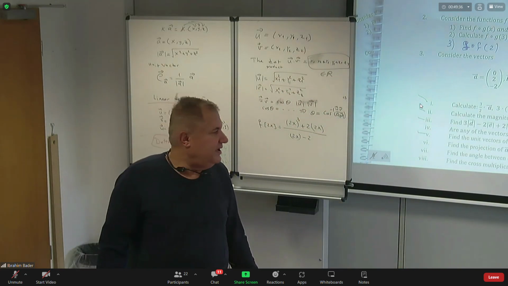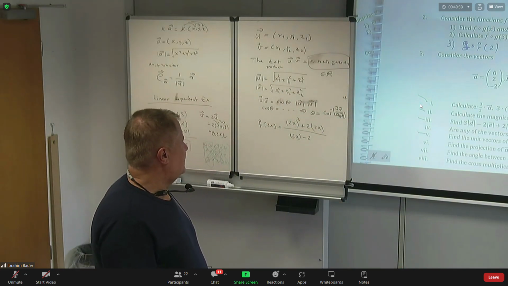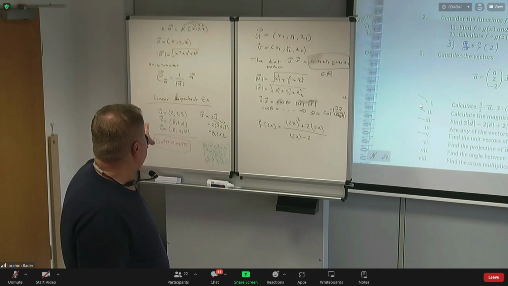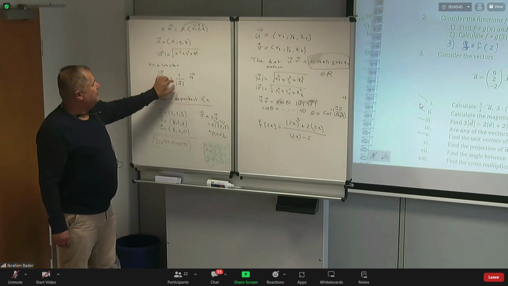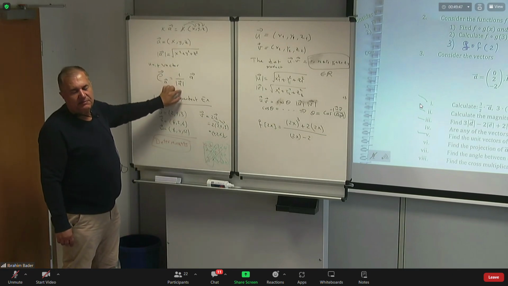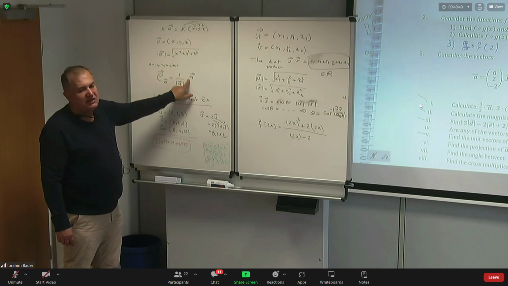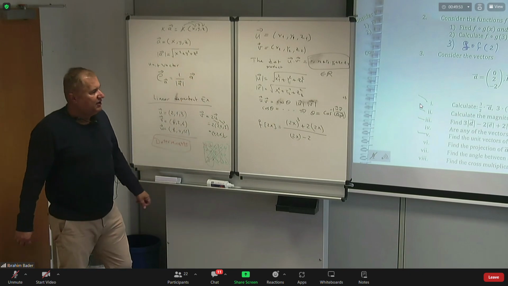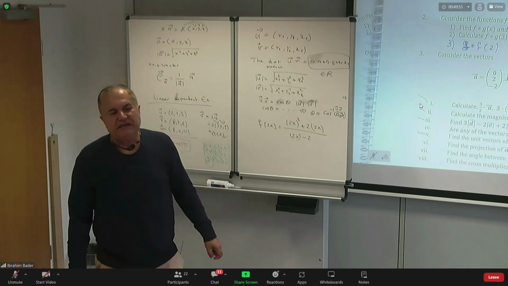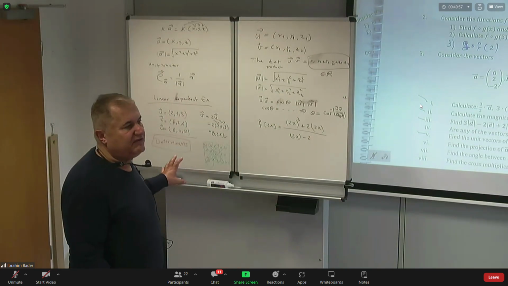Okay, number 4, the unit vectors, the formula is there. What you need to do is evaluate the magnitude of the vector, take the reciprocal, 1 over the magnitude, and multiply it by the vector. Again, you expand it component by component, and you get a vector called the unit vector.